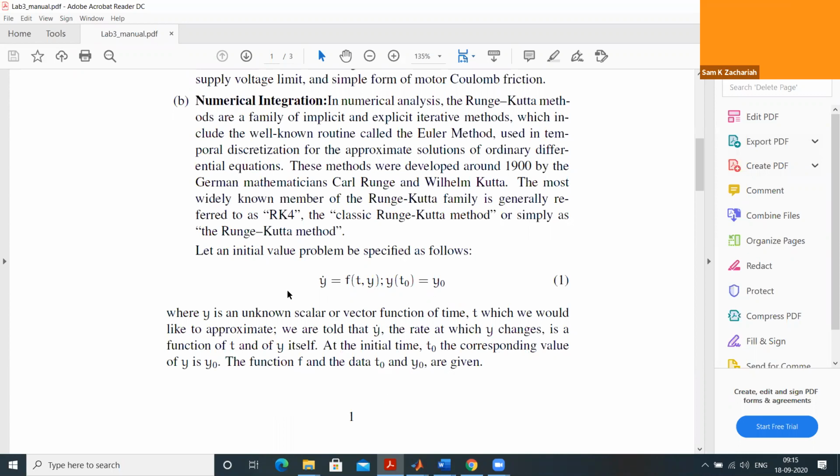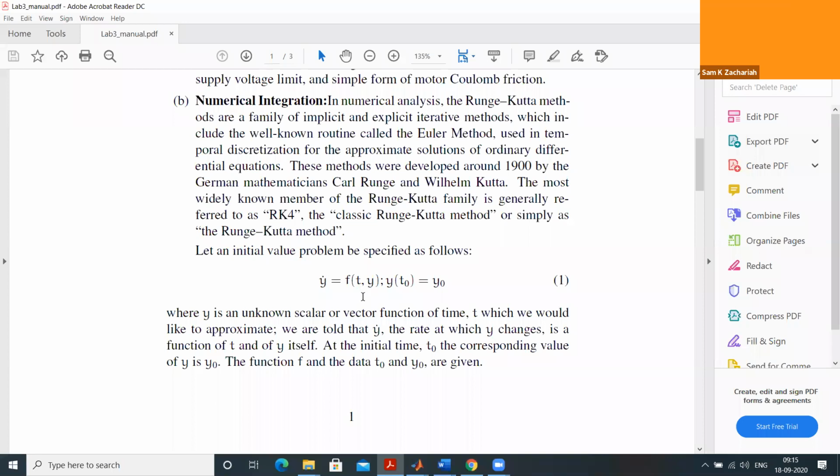So what I'm telling you is, y is a function of time t. It is evolving, but it is a dynamic function. We are not exactly given what the function y of t is. Instead, what is given is the rate of change of y with respect to the current time as well as the current value of y.